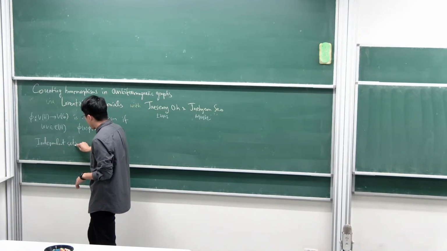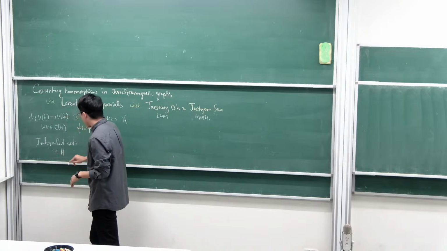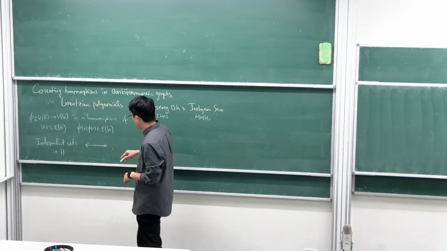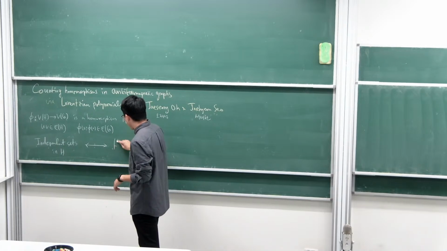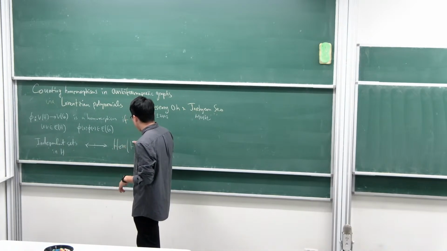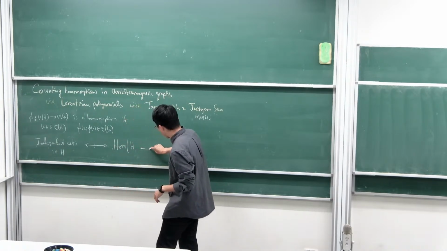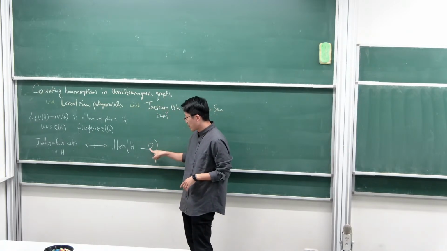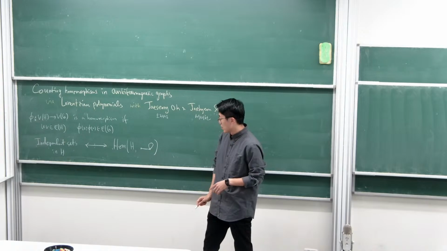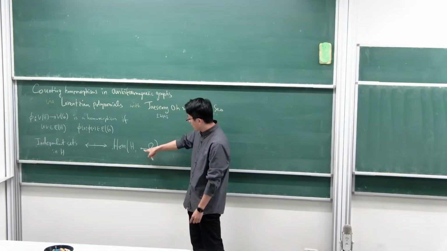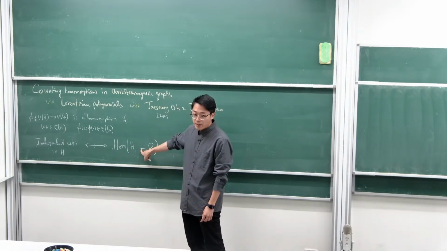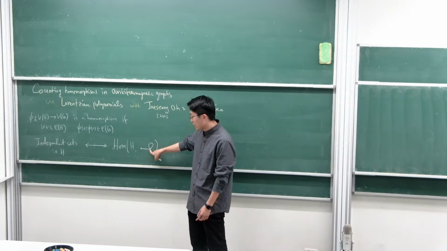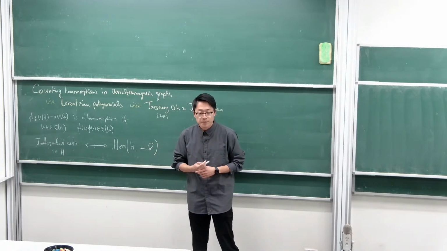Independent sets in the graph H have a one-to-one correspondence to the homomorphisms from H to this particular graph with two vertices, one loop and one non-loop edge. The reason being the pre-image of this vertex must be an independent set, whereas this vertex has no constraint whatsoever.